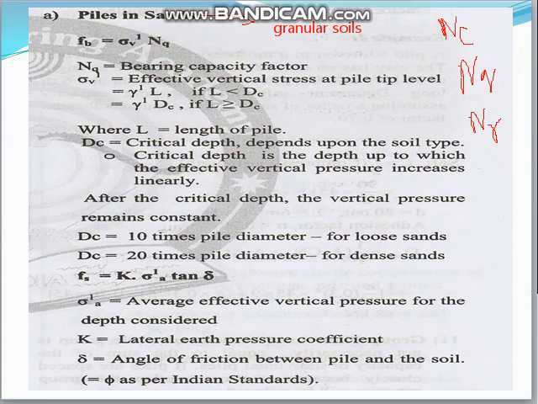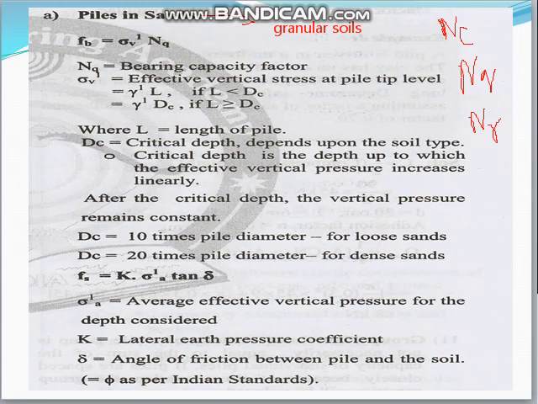These bearing capacity factors were already discussed in shallow foundations. Generally in sand, these bearing capacity factors will be taken. Let us see the three different bearing capacity factors.